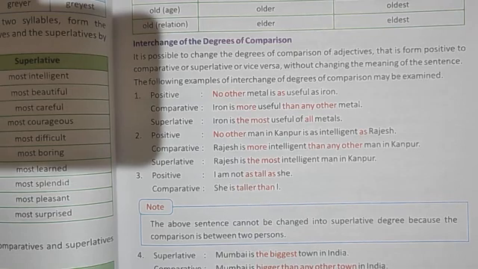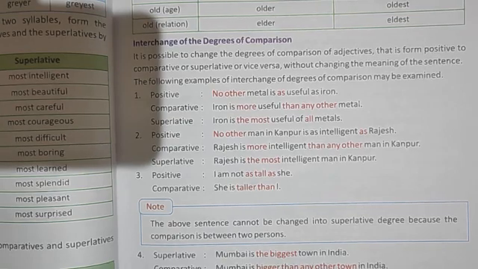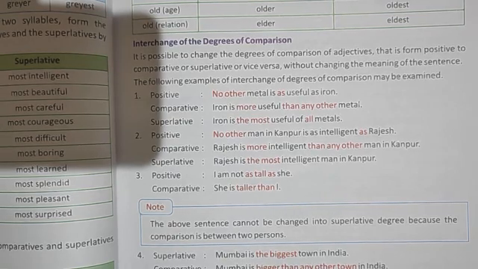For example, if I say iron is the most useful metal, you can change it into comparative as iron is more useful than any other metal, or into positive that no other metal is as useful as iron.